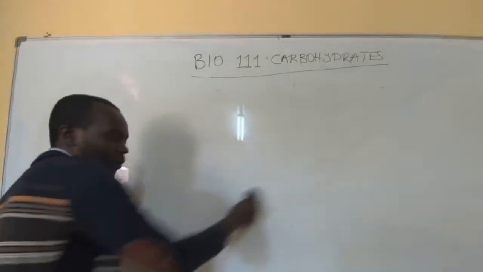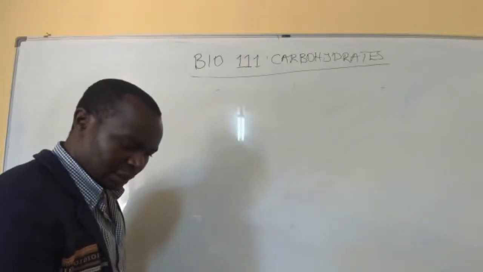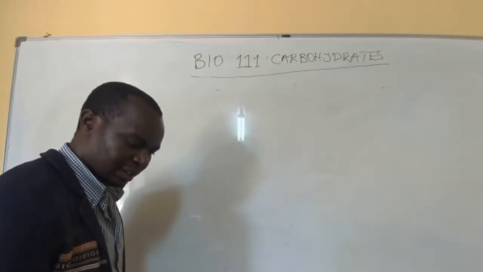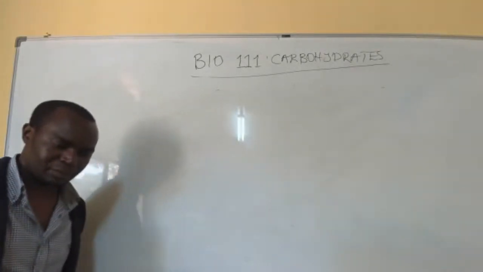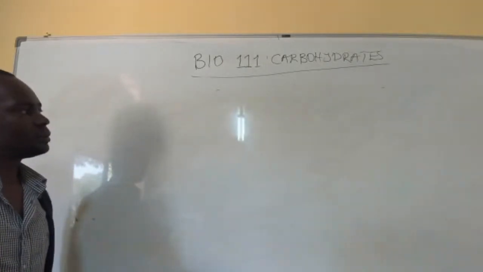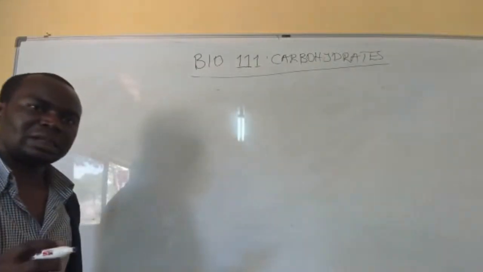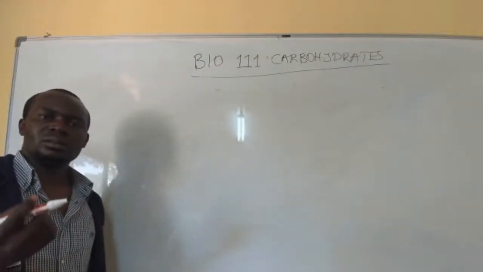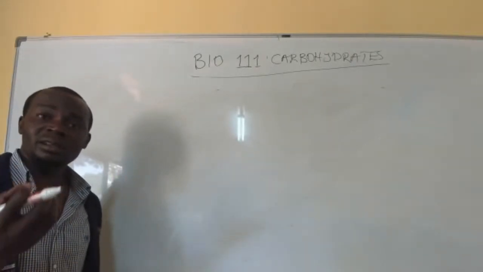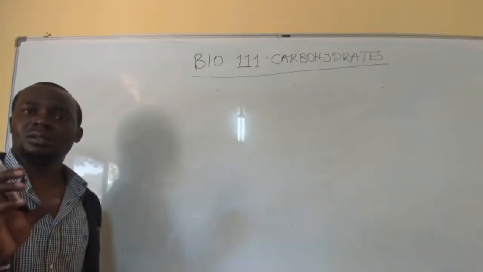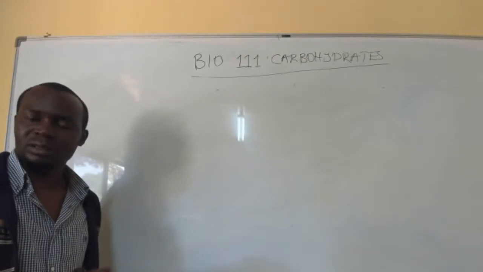Now, question number 5 of the tutorial sheet says, define a functional group and define the functional groups of sugars, or rather carbohydrates. So now, functional groups, these are substituents, or rather moieties, within a particular compound, in this case a particular hydrocarbon, which is carbohydrates.